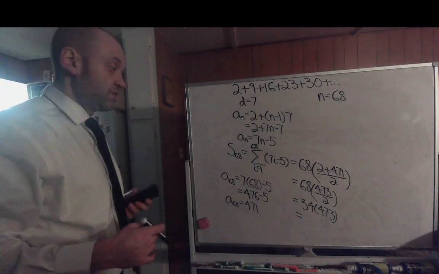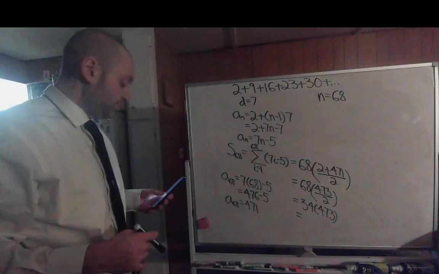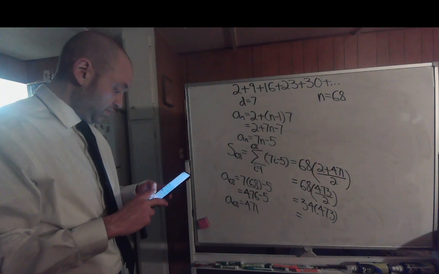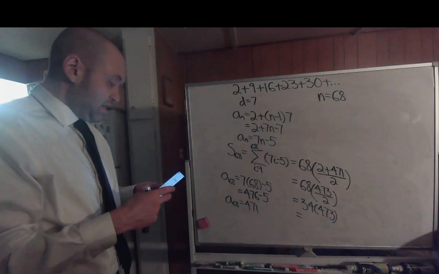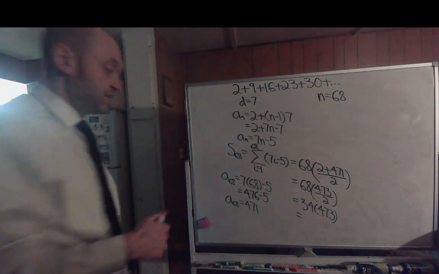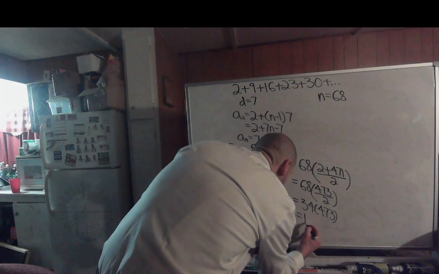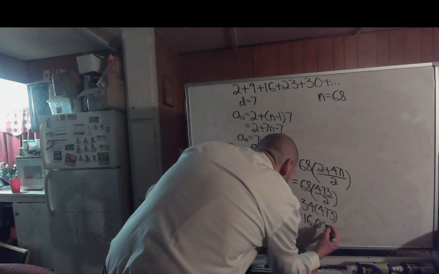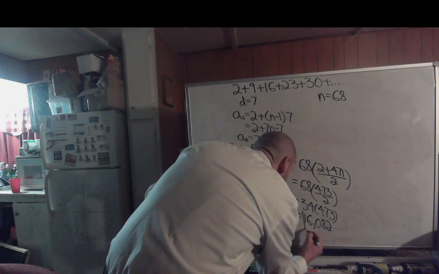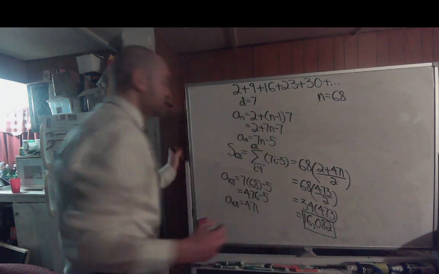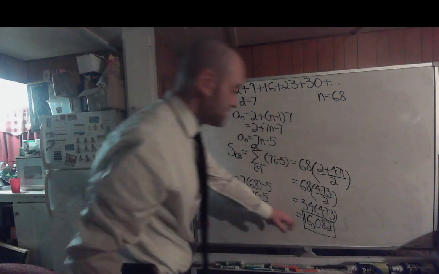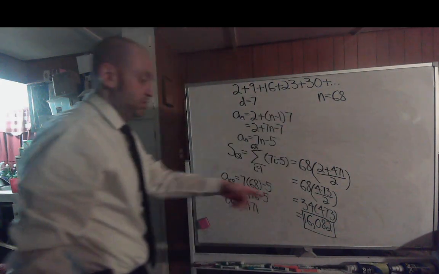So let's find 34 times 473. That's going to be a fun number. That'd be 16,082. So this means the sum of the first 68 terms of the series is 16,082.